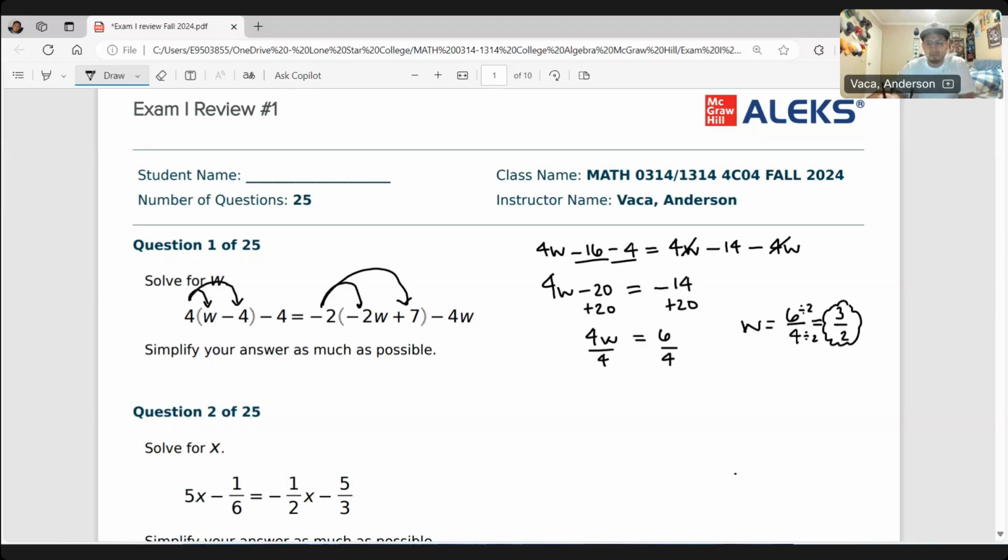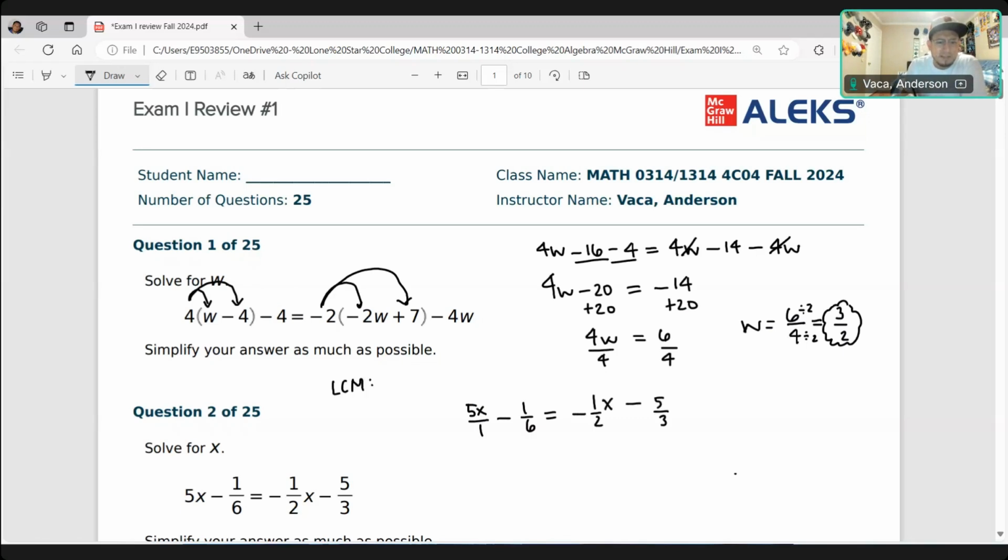Alrighty then, moving on. For the second example, it seems like we're solving an equation, but we got some denominators here, okay? So let me rewrite this like so. I would like to write 5x over 1 minus 1/6 is equal to -1/2x minus 5/3. So what I like to do in these type of situations, not that I am afraid of fractions, but most of us do not like dealing with fractions.